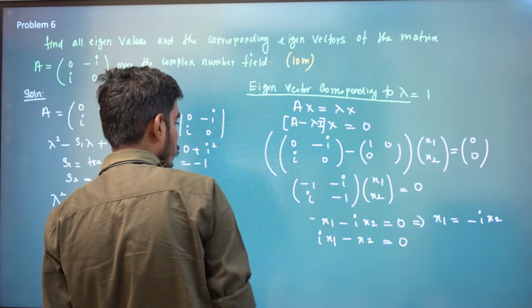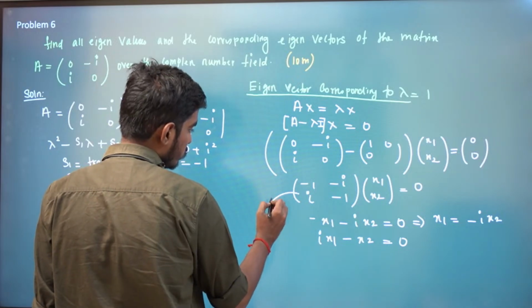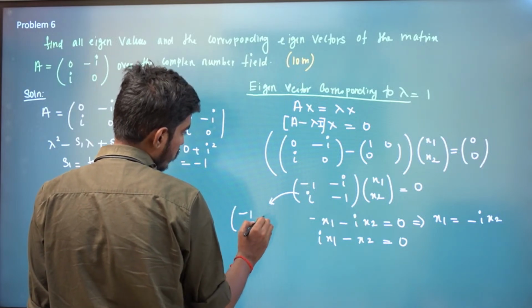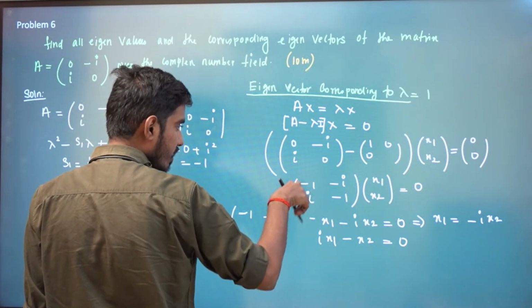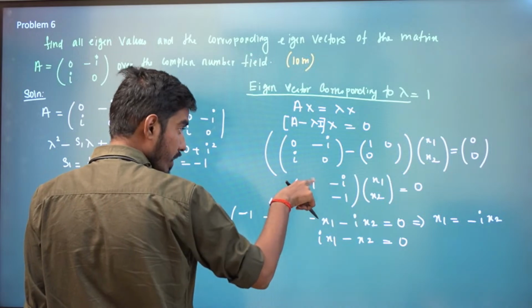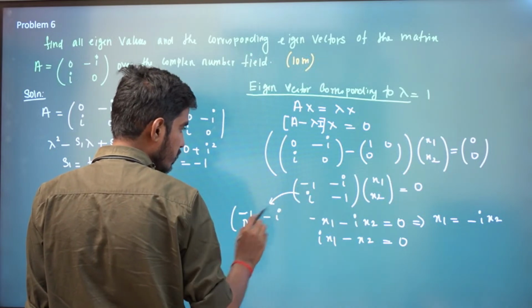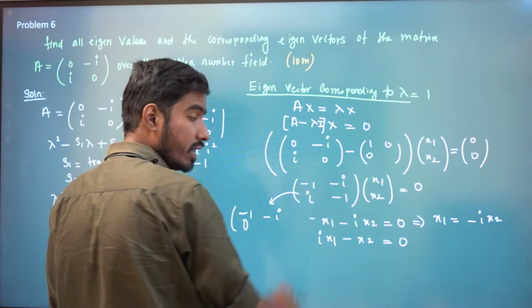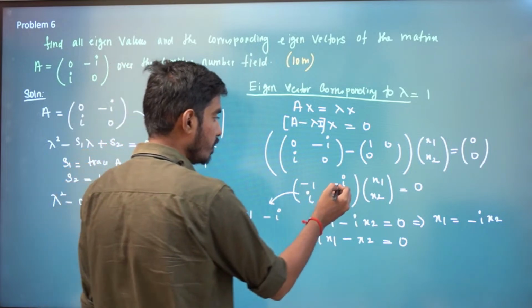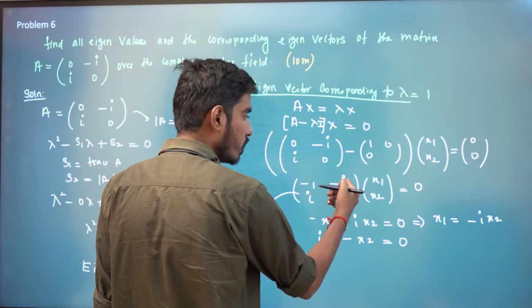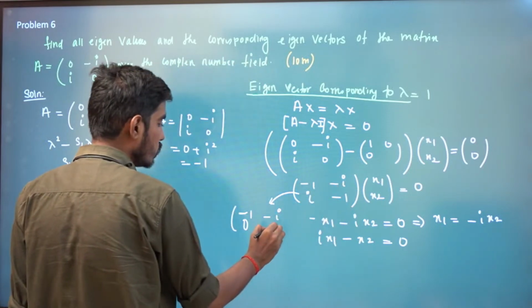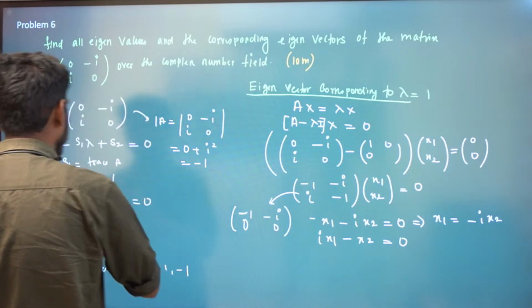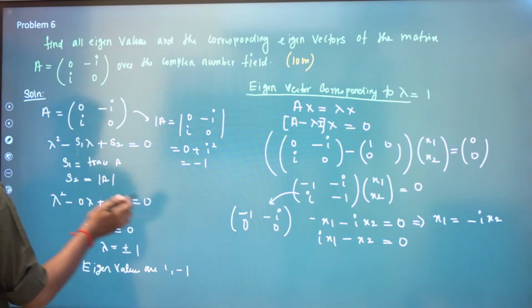If you reduce this to row echelon form, we have minus 1, minus i. You multiply i here and then you add; this will be 0. Multiplying i here, this will become i squared, and i squared is minus 1, so this will become plus 1. This also becomes 0, right?